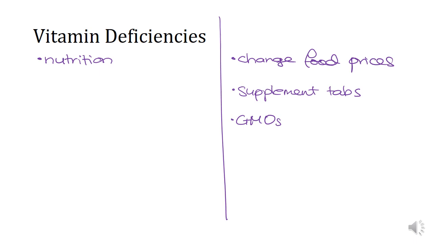So think back to what I was saying about vitamin A. Vitamin A is super important for maintaining the health of the retina. Vitamin A deficiency can cause issues with vision. So golden rice is a GMO variant of just normal white rice, where a gene has been added so that rice, as it grows, produces more vitamin A, and it actually turns the rice yellow.